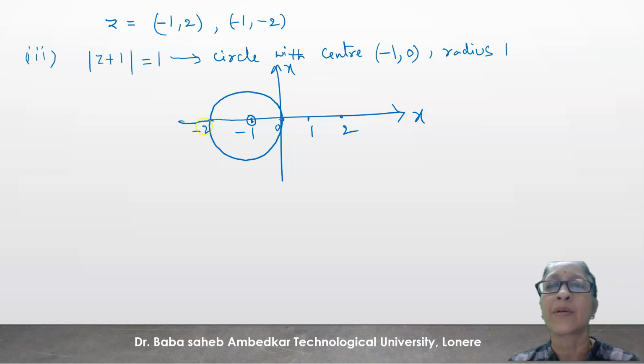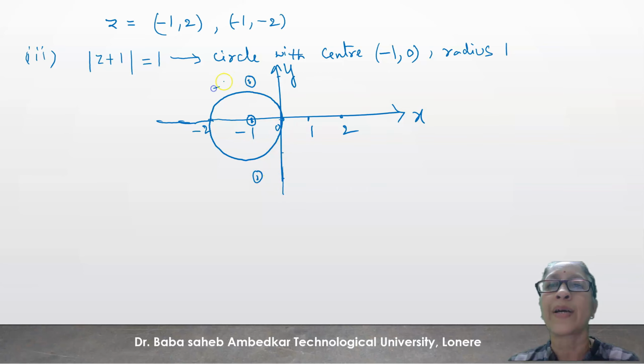This is minus 2. Now the given points, or singular points, are (minus 1, 2) and (minus 1, minus 2). So minus 1, 2 means on the x-axis minus 1, and on the imaginary axis it is 2, that means this point is here, and minus 1 minus 2 is this one.